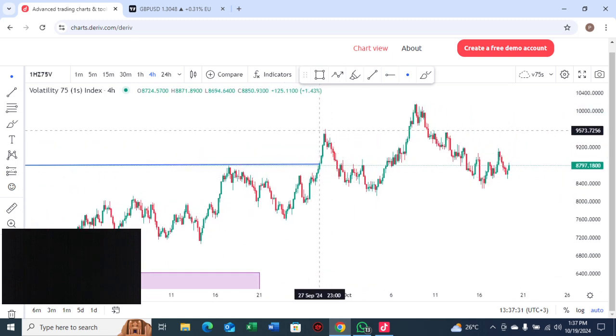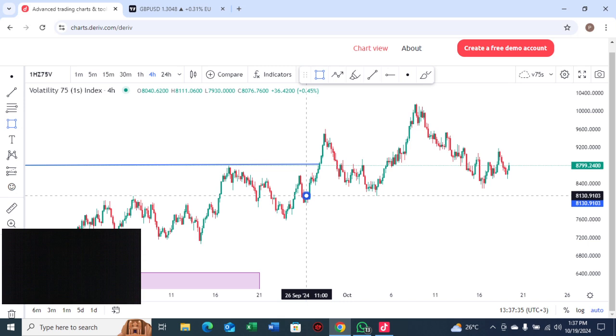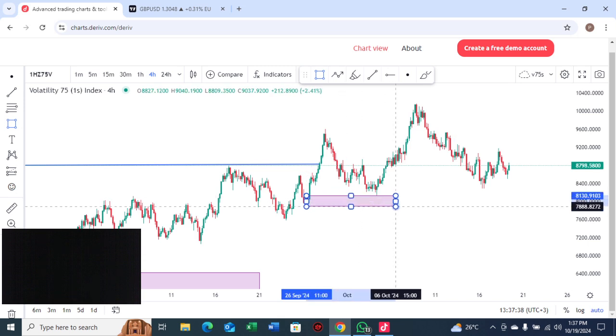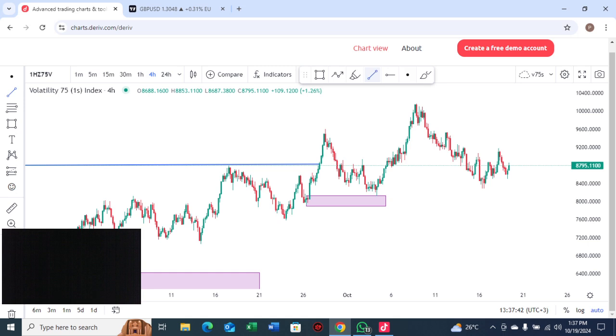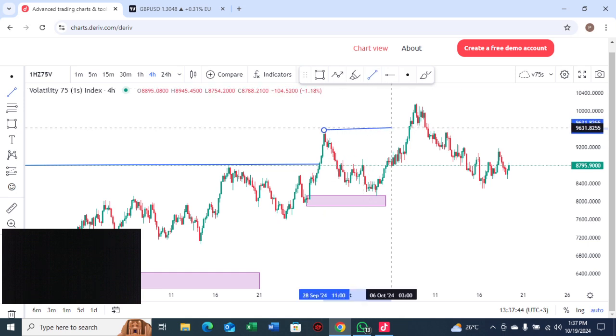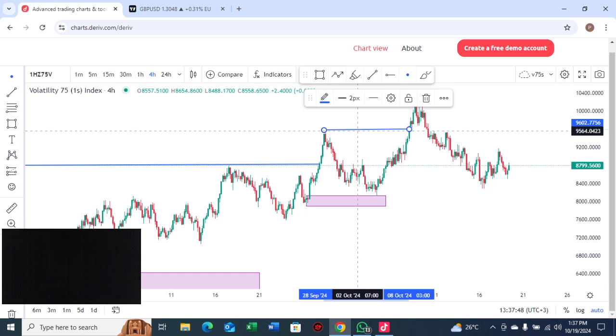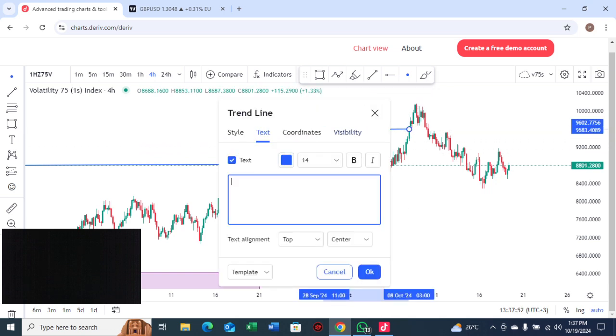After the change of character, there was a retracement, and the retracement mitigated this point of interest there, to get another internal break of structure. It's always good to understand the difference between the internal structure and the external structure. So this is also our internal IBOS, our internal break of structure there.